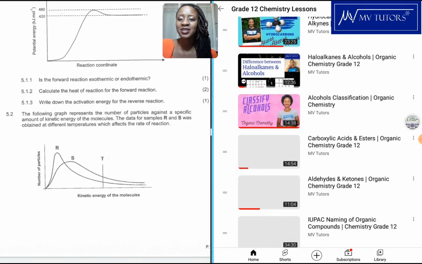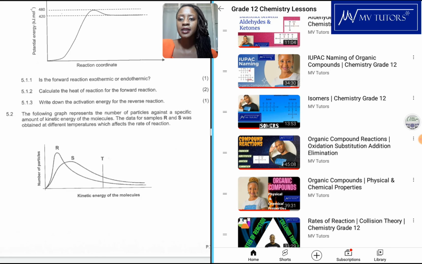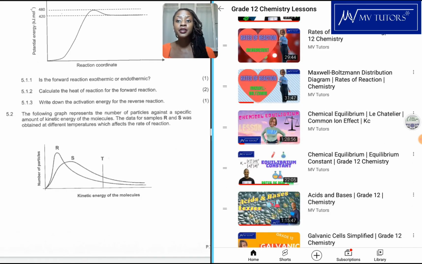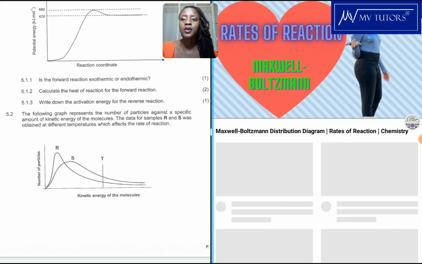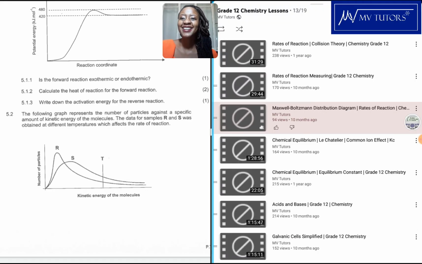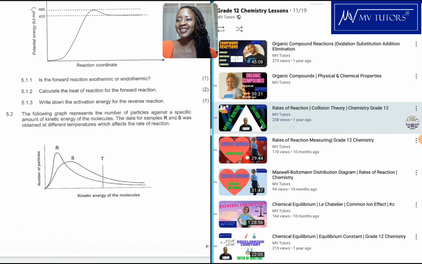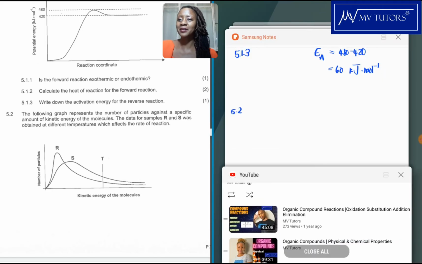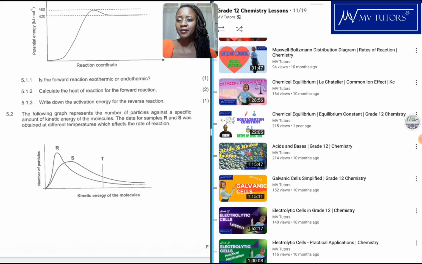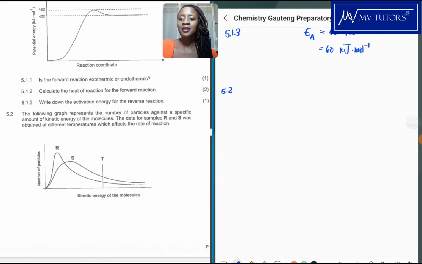Once it loads, I actually do go into detail, the Maxwell-Boltzmann distribution. Okay, so if you go into it, I explain there what is what, the different scenarios you will get, and so on. Now the internet is failing me. Okay, so let us go back to the question.